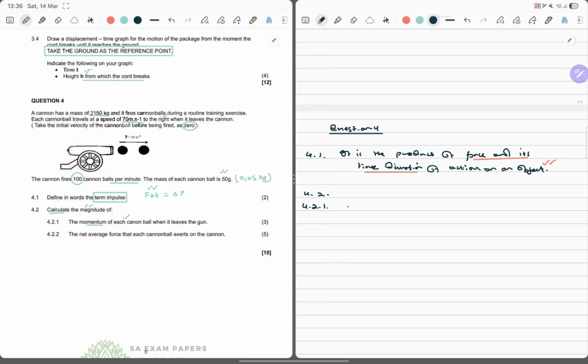This is easy. We know that momentum P is equal to mv. So P is going to be the mass, which is 0.05, multiplied by the velocity. Therefore, P is very easy.